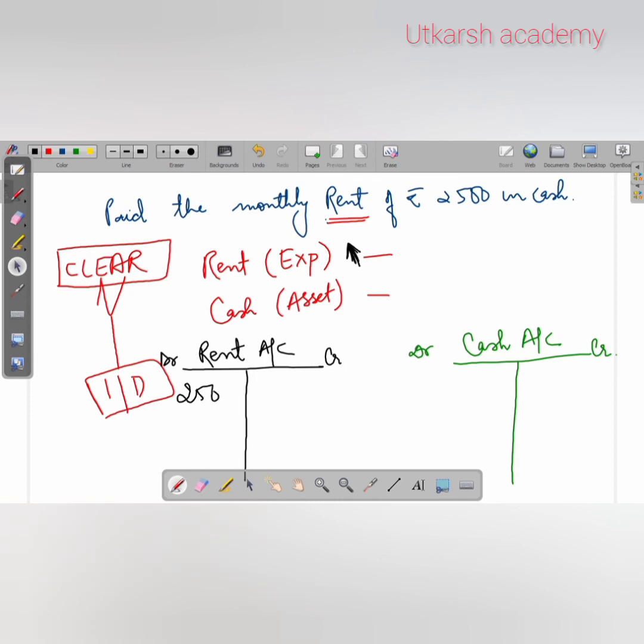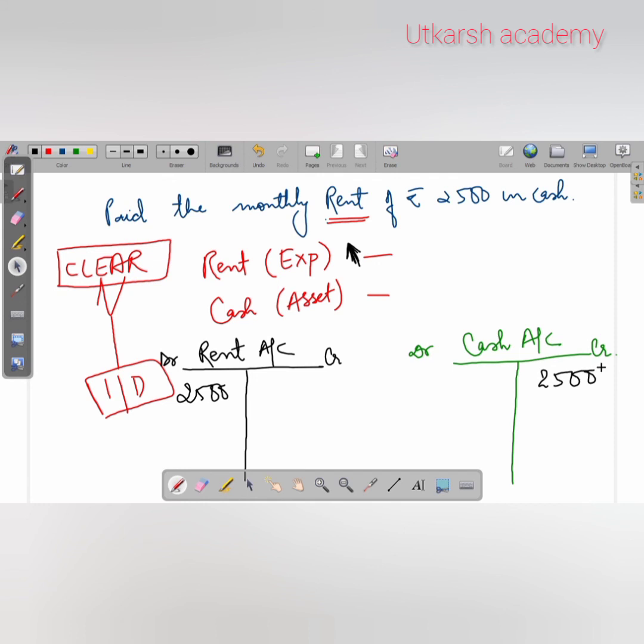Fine. So cash, we are paying through cash. So cash is automatically reduced because we are just taking out the cash from our pocket and we are giving 2500. So cash has been reduced from my pocket. Okay. So if cash will reduce, so where we will show? On the credit side. Fine.